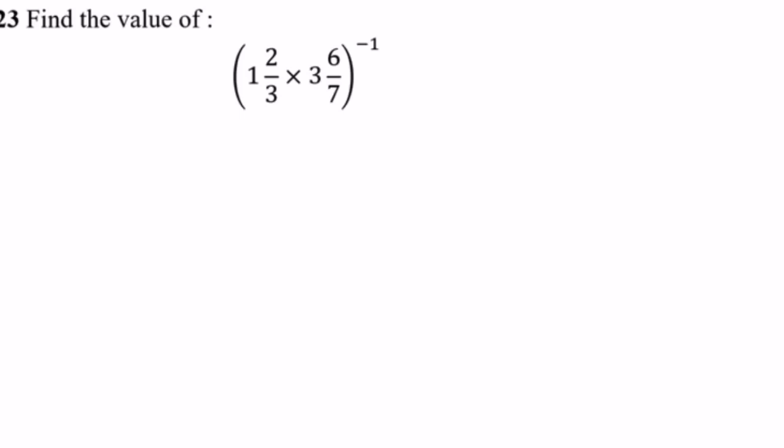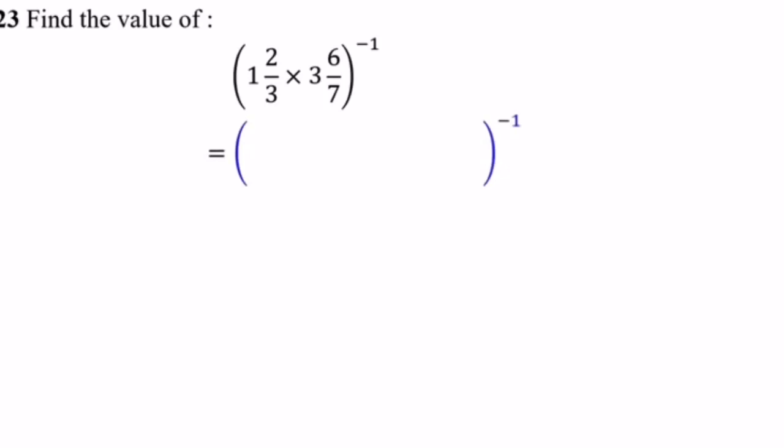This one is asking you to find the value of 1 and 2 over 3 times 3 and 6 over 7, to the power of negative 1. Let's simplify according to the answer given. Because if you press a calculator, maybe the answer is not the same as the answer given in the options A, B, C, D, right?